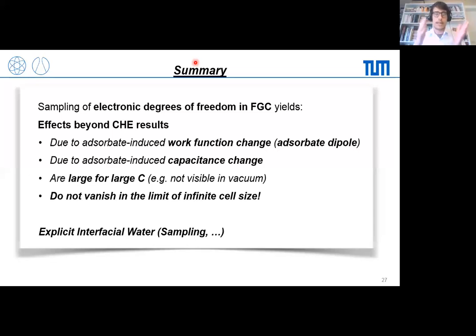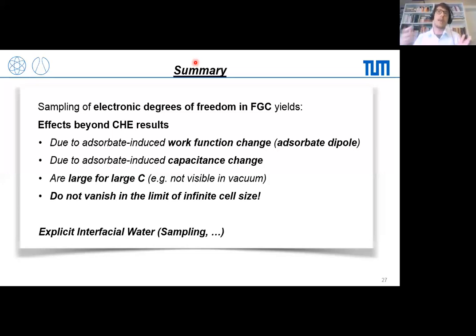You can clearly see that the work function change depends on cell size. The point I wanted to make is that you can analytically derive the limit for the energetics for the infinite cell size limit, and it turns out the CHE result is not what the fully grand canonical result is.